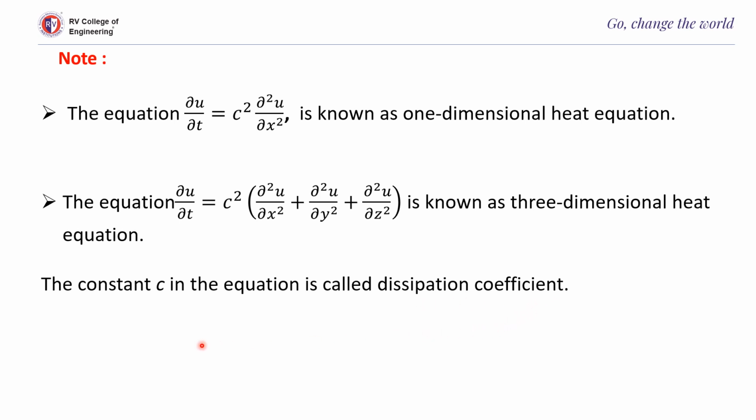So these were a few important partial differential equations, that is the heat equation, wave equation and the Laplace equation. These were the 3 major partial differential equations that we have come across, and we have also studied in this video the method of solving multivariable functions and how to differentiate them using partial differentiation.